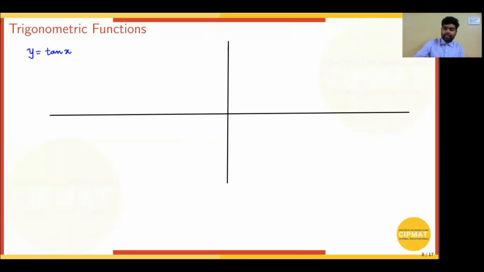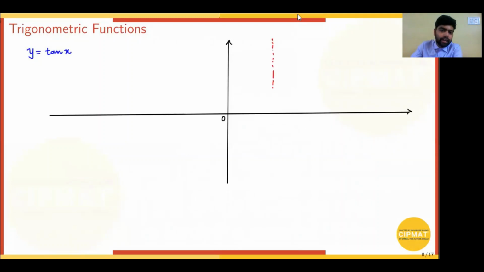Let's understand the further nitty-gritties of this particular function. Of course, this is my y-axis, this is my x-axis, this is my origin. Now the graph of tan x basically looks something like this. Before I draw the graph, I would like to draw a few dotted lines like this.